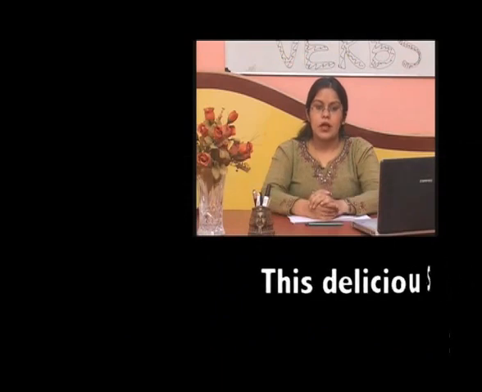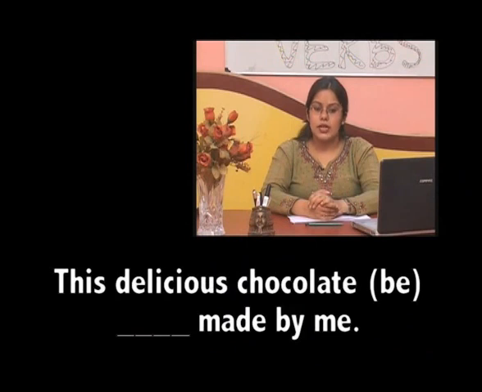Next, this delicious chocolate dash made by me. The verb is be. You need to use the present tense form of be. Quickly attempt the exercise. Remember, you need to use the present tense form of the verb.